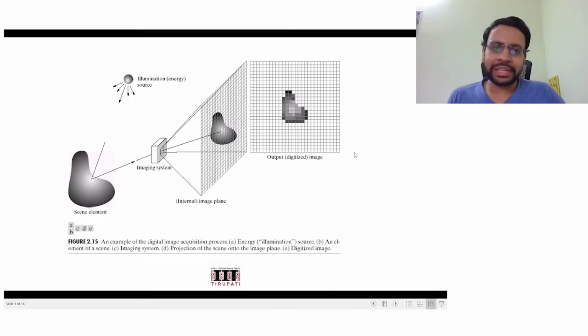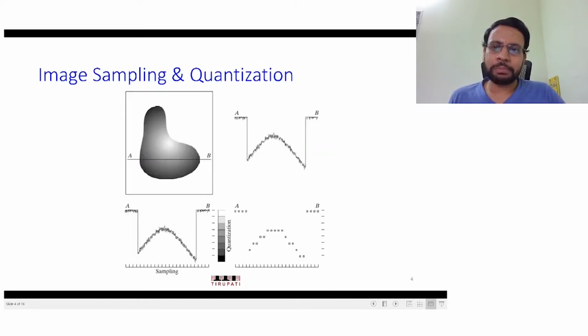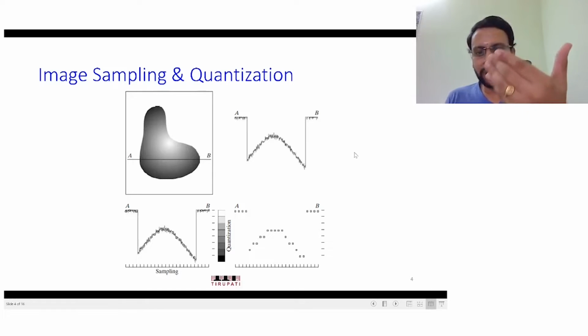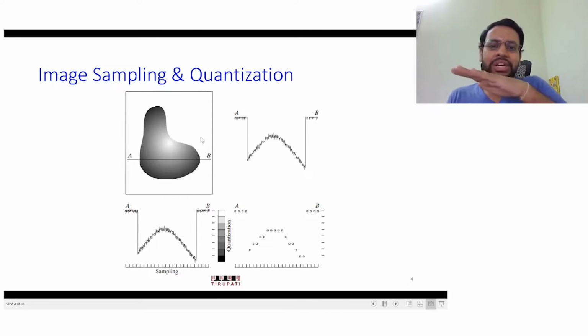Now let's take a look at what exactly it means to digitize the output of these sensors. Again, the moment we are drawing something and showing you digitally, it is no more a continuous one, but for the sake of understanding, let's consider that what you have here has a continuous profile. So now let's take one line here and draw the intensity profile.